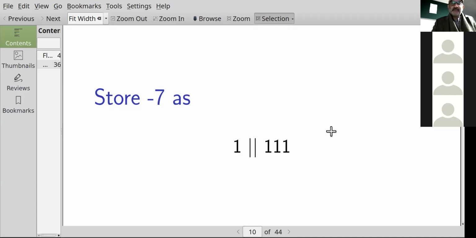So there's a sign bit which has a 1 in it, and then the other bits have 1, 1, and 1 in them. That stores my minus 7. So now, with 3 bits, I could store from 0 to 7, add one more bit, and with 4 bits, I can store from -7 to +7.